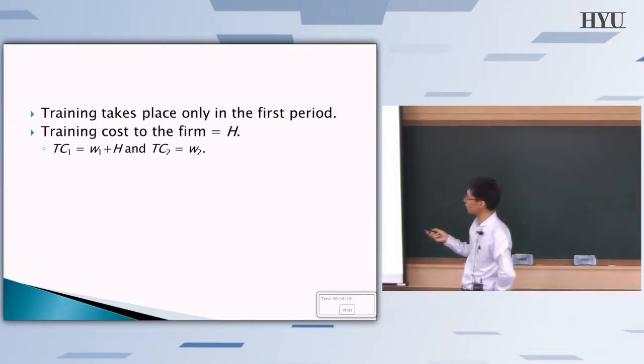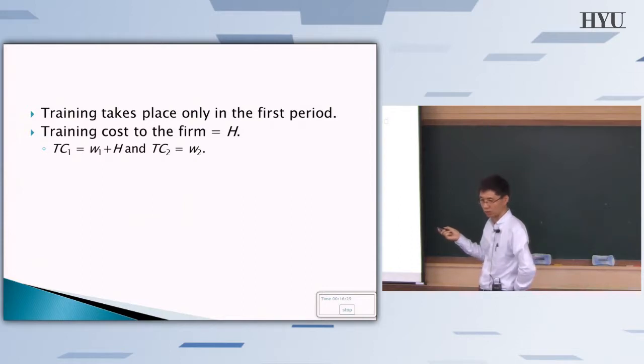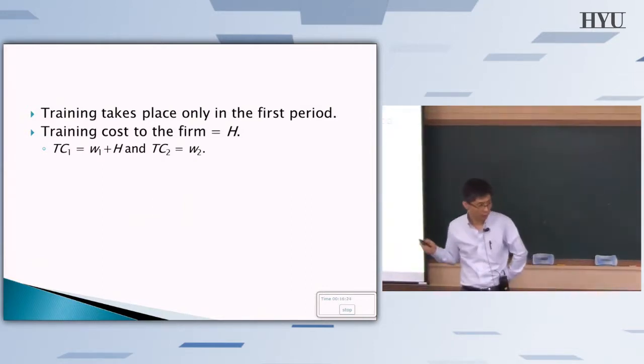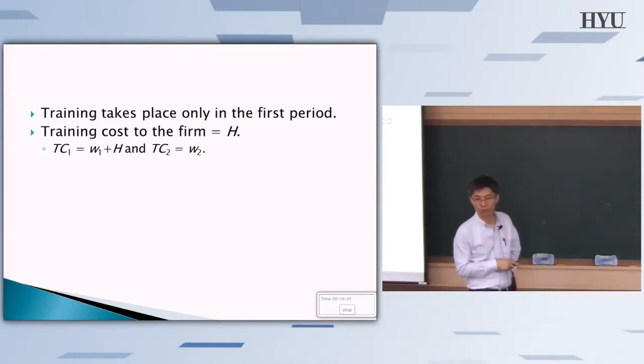So TC1 has a wage, W1, which is the wage paid to the worker in the first period, plus H if there is training. H may be 0. If there is no training, H is 0.